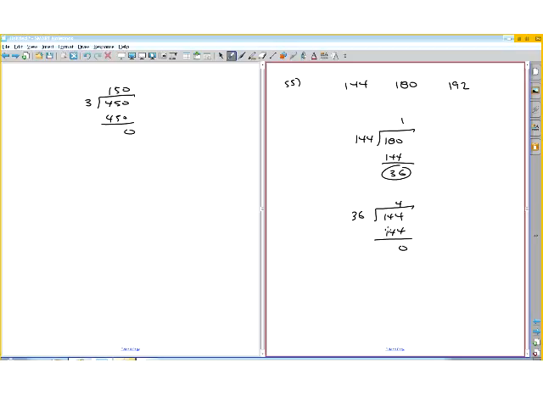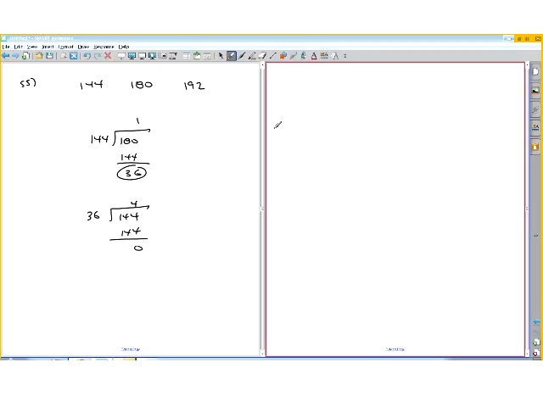Okay. So now I think we're finally going to get one where we actually do a little bit more. Take this number, 36, and divide it into 192. 6 would be too much, so we go 5. 5 times 6 is 30. Carry the 3, so you get 15 plus 3, which is 18. Subtract those, you get 12. So we take 12 divided into 36. That goes 3 times, with no remainder. This is the final answer.